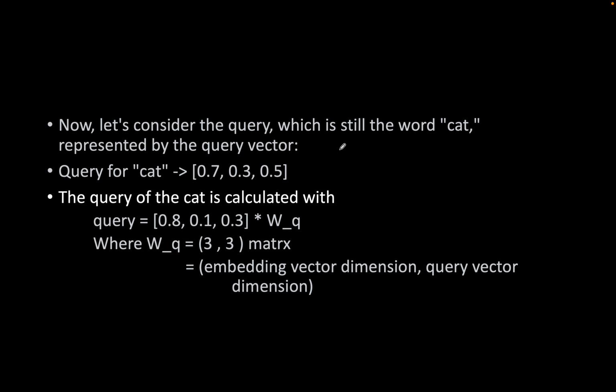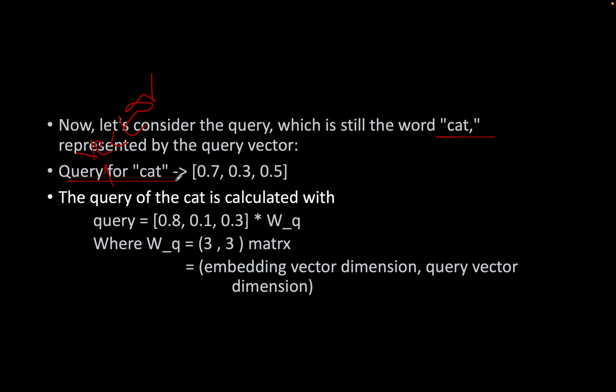For this I have taken cat as the query and every other token as a key. So we need to calculate the query vectors. This is the query vector for the cat, sorry for my handwriting.